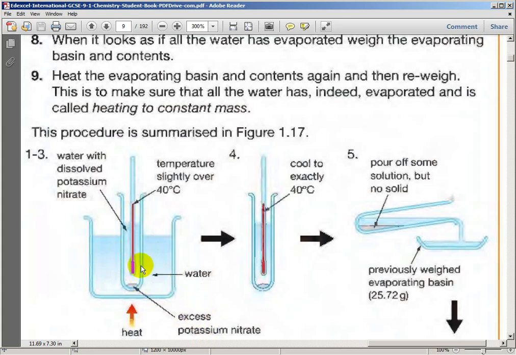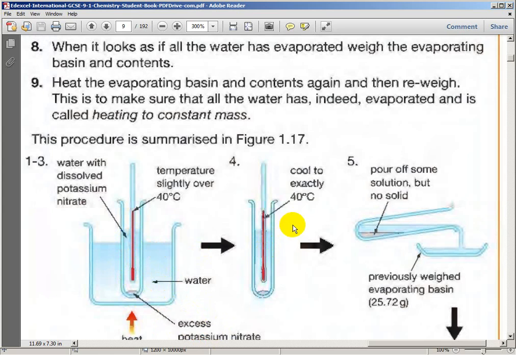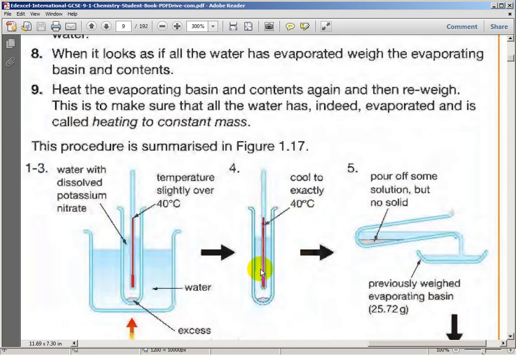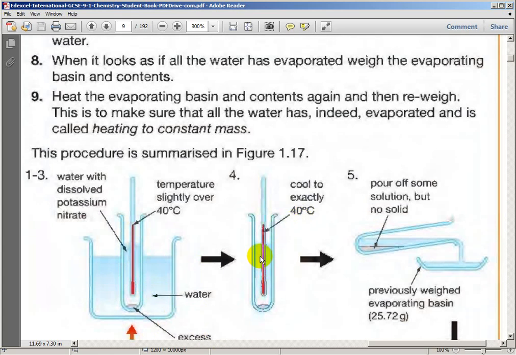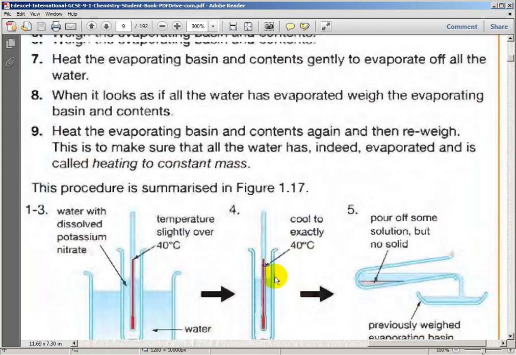Here excess potassium nitrate remains, so a saturated solution is formed. Next, cool to exactly 40 degrees. Now 40 degrees is done.